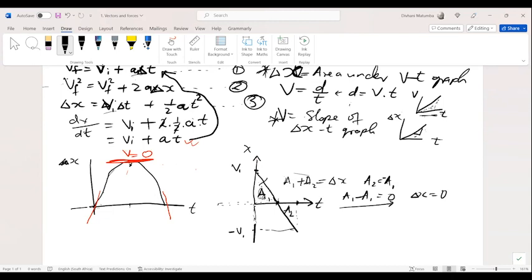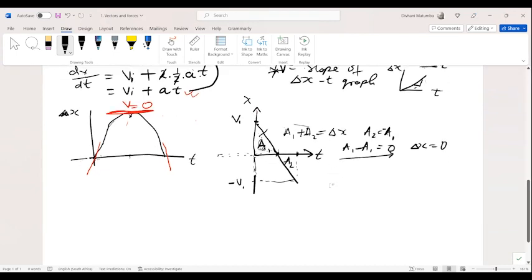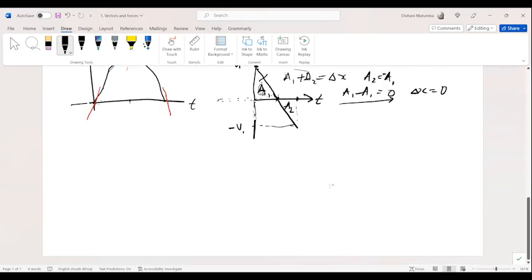So moving right along, I think we are done explaining equations of motion, which is a very interesting topic.